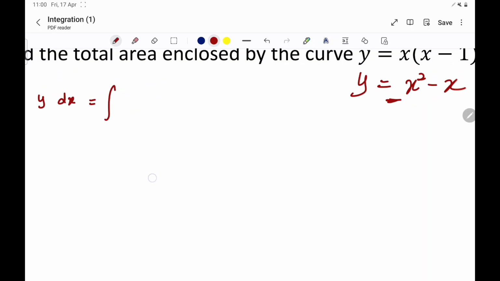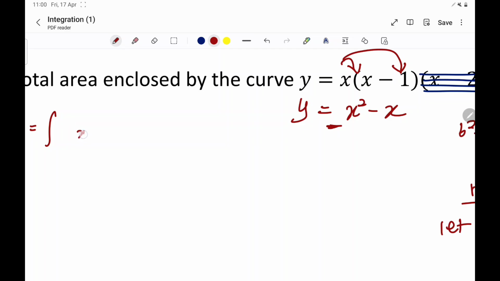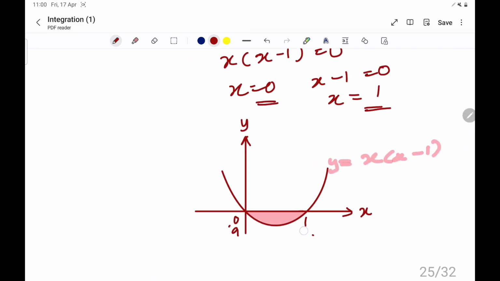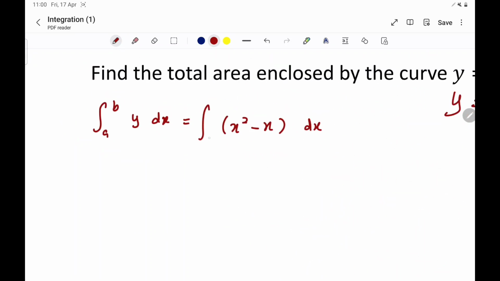So your y here is x squared minus x, because we expanded already, dx, and our a to b is 0 to 1. This is our a, this is our b. So here you integrate term by term. X squared, you copy, integrate, plus 1, divide with 3, minus x to the power 1, plus 1, divide with 2.